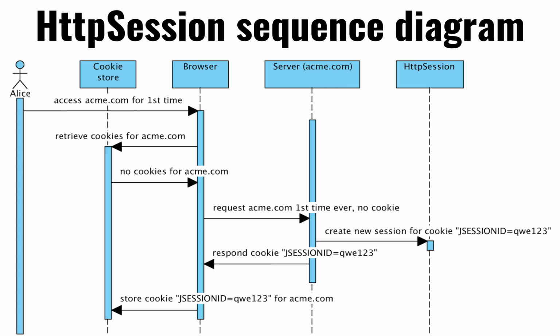And it's going to check to see, okay, you're visiting acme.com. Let me see if I have a cookie for acme.com. Since this is the very first time, the browser says, oh, no, there's no cookie for acme.com. I send a request to the server acme.com, and the server says, oh, well, you did not provide a cookie, so this must be the very first time that you are visiting me.